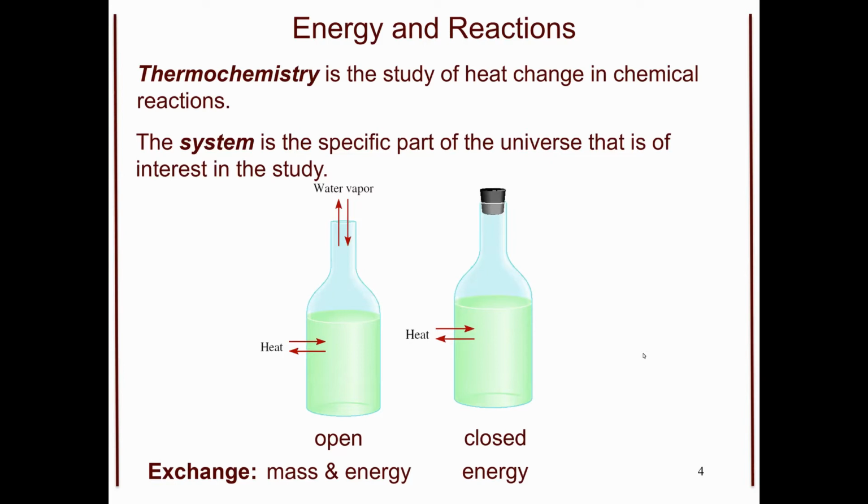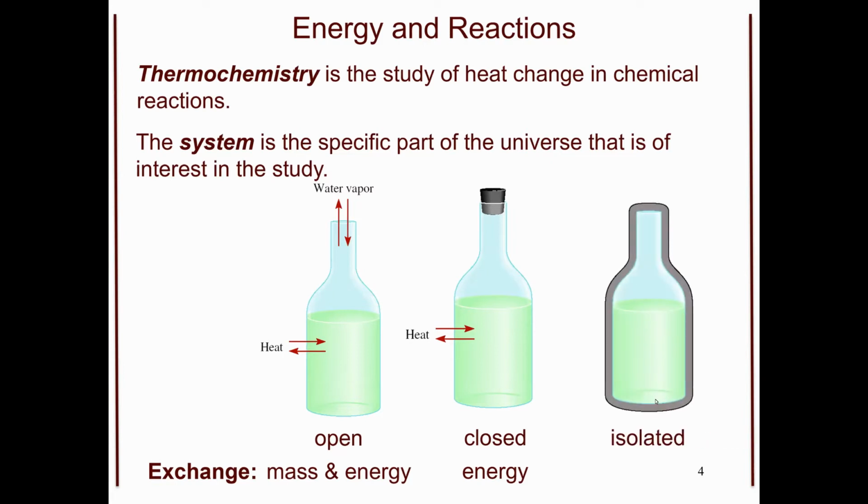The last type of system we want to discuss is typically what we call an isolated system. This means that nothing leaves or enters. A fantastic example of an isolated system is a Yeti cup or a thermos.